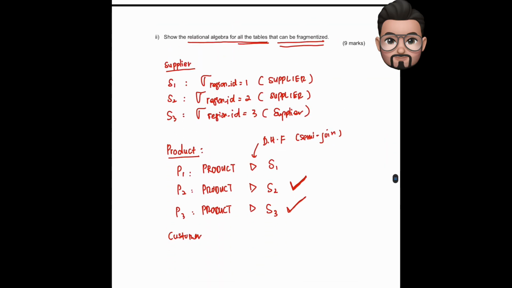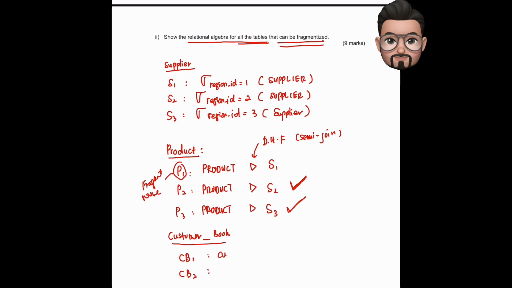Okay, the third one is about customer book. Since product has 3, customer book also will have 3. Remember, please name your fragment. This is what we call the fragment name, and this is also the fragment name. Normally all of the fragments will have unique names.